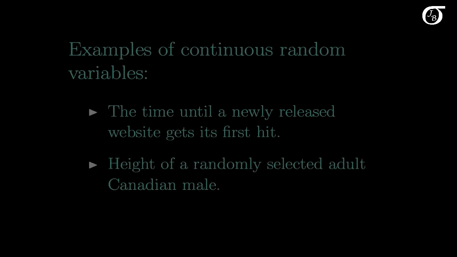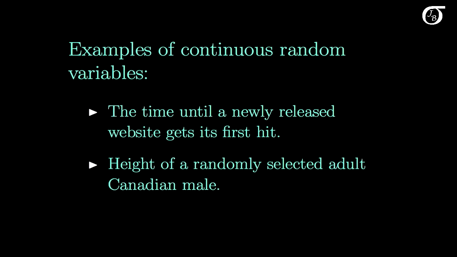Here are a couple examples of continuous random variables. The time until a newly released website gets its first hit, well, that's got to take on some value greater than 0, right? And the height of a randomly selected adult Canadian male, again, that's just going to take on some value greater than 0. There is some minimum value. We don't have an adult Canadian male that's less than 2 centimeters tall, say, but there's no natural lower bound here, no natural upper bound.